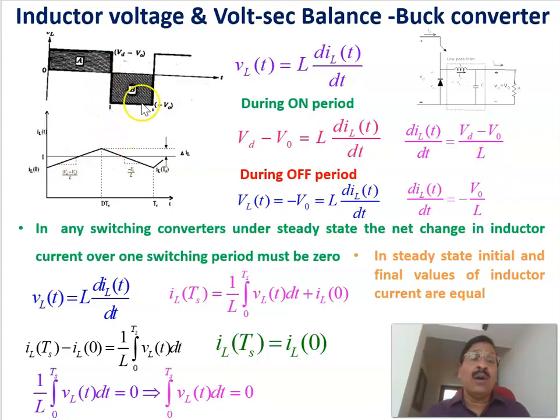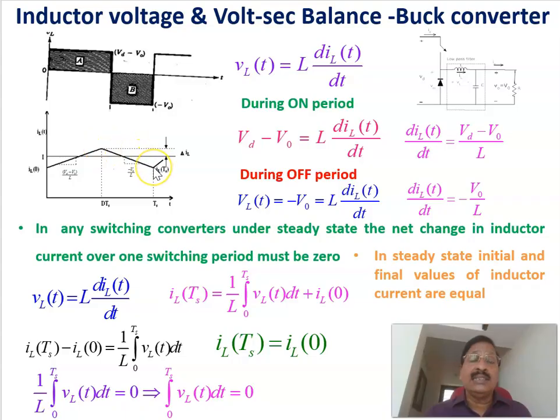And when the switch is off, the voltage across the inductor is equal to minus V0, minus the average output voltage V0. Similarly, we substitute minus V0 equal to L diL by dt, so the rate of change of current through the inductor with respect to time is given by minus V0 divided by L. Since this is a negative voltage, the slope is negative, that is, the current is decaying.